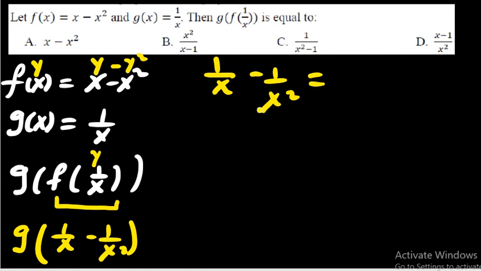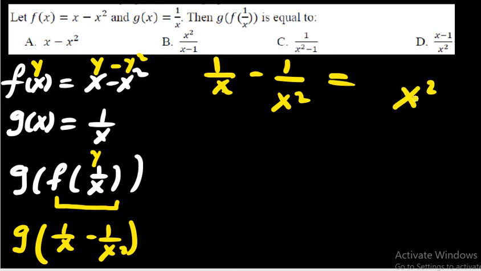This is the same as we can apply the LCM method, or by crisscross you have to do it. But it's better to use the LCM method to subtract these two. The LCM of x and x squared is going to be x squared, the least common multiple, because x squared is x times x. You have to take the highest degree.